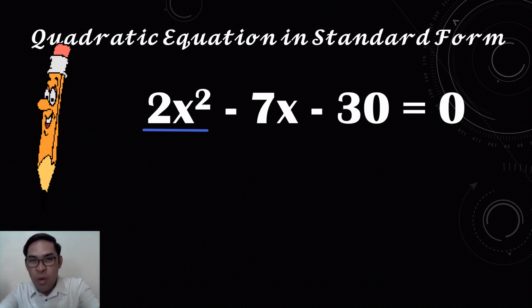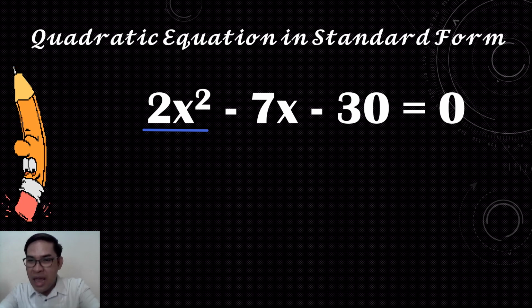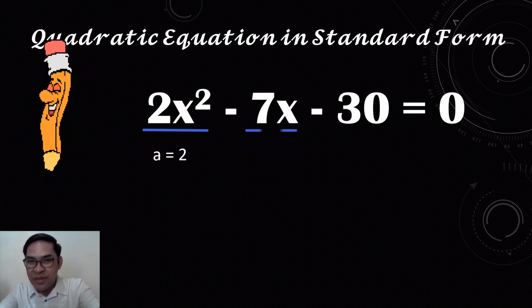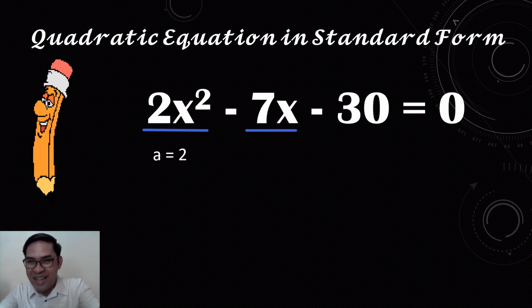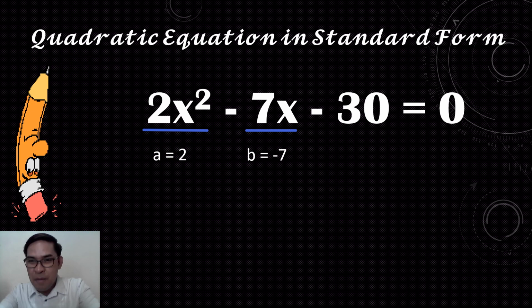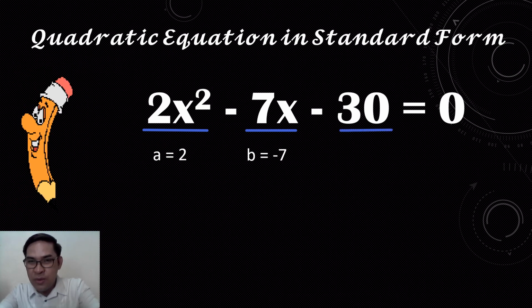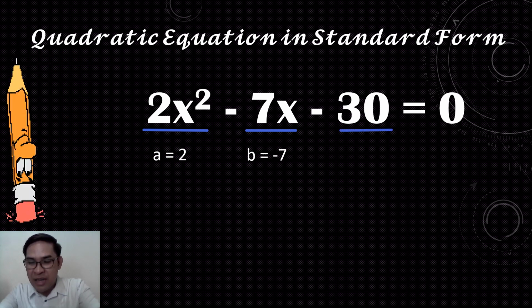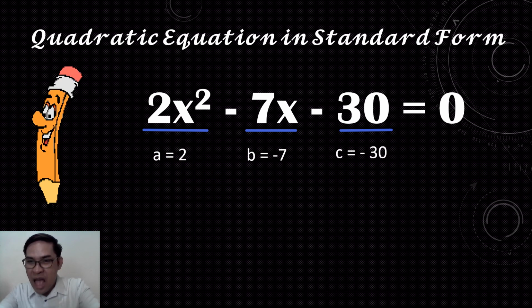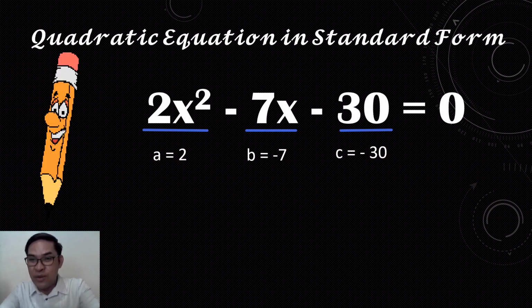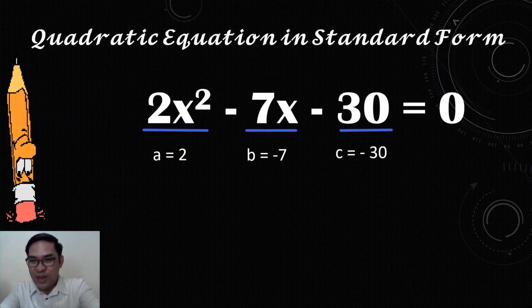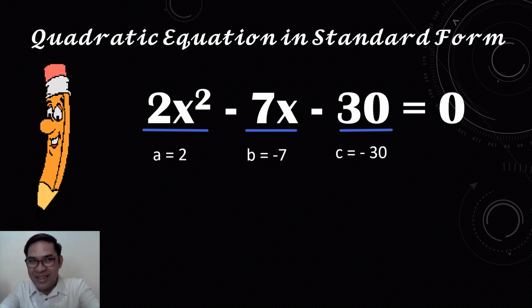What is the value of a here? a is equal to 2. Great. How about b? b is equal to negative 7. And how about c? c is equal to negative 30. Great.